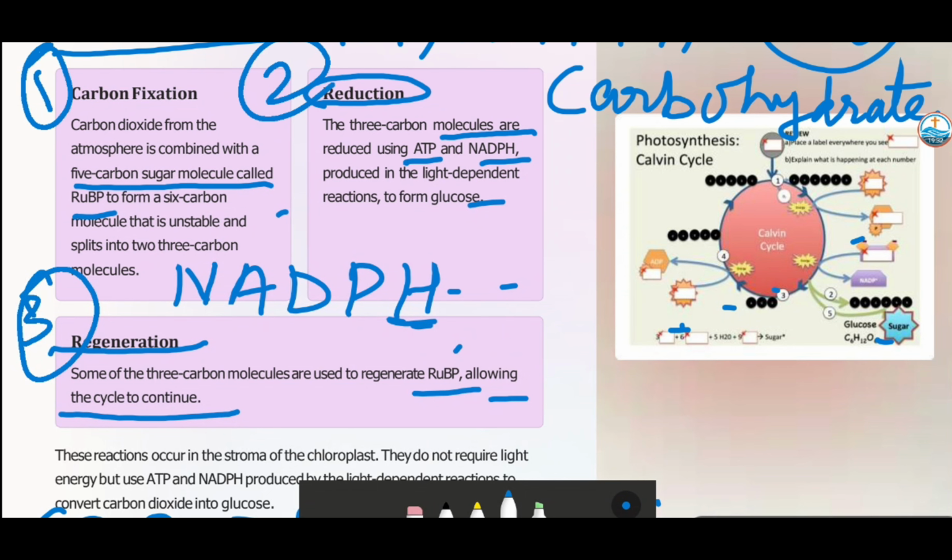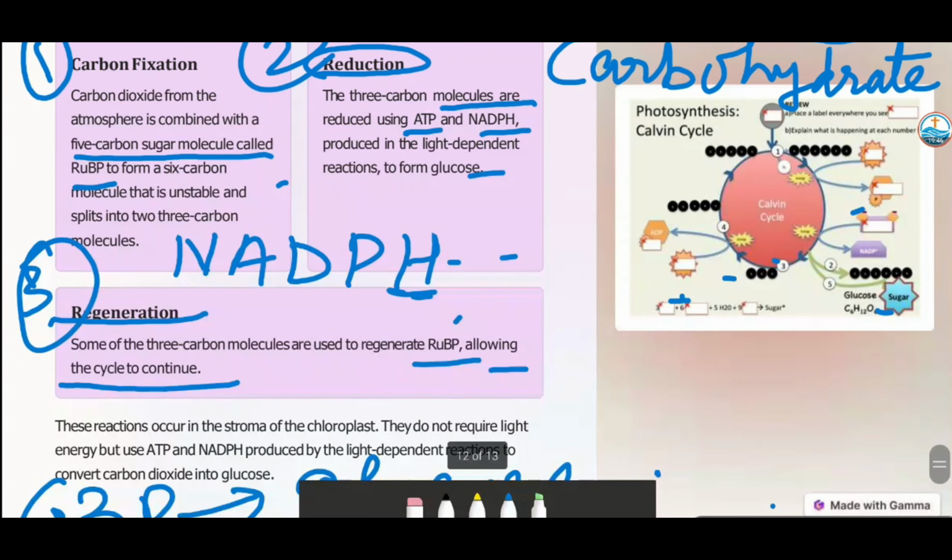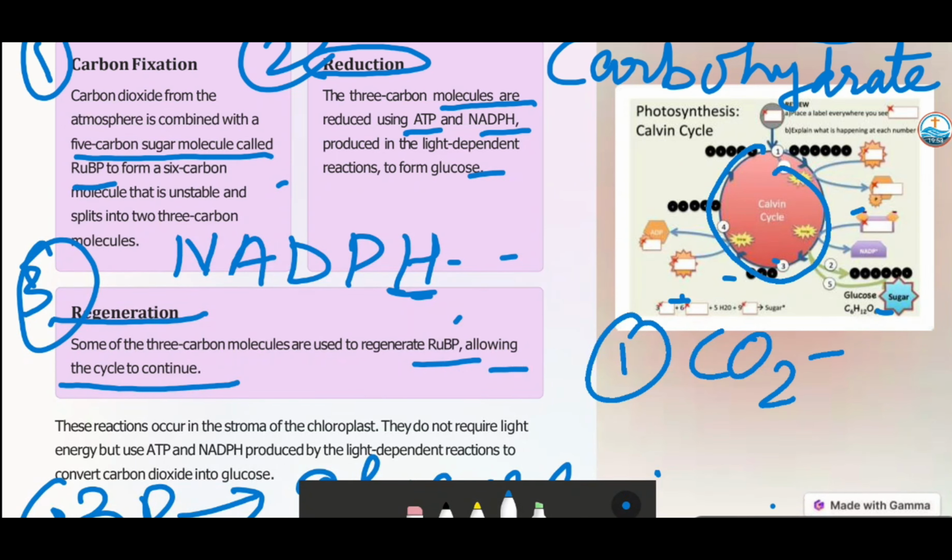Regeneration means this G3P molecule, which is the building block for glucose, will be used again to regenerate RuBP, and it will again break. So this cycle goes on like this. First phase, carbon dioxide fixation. Second, the reduction, and the third phase is the regeneration of RuBP.